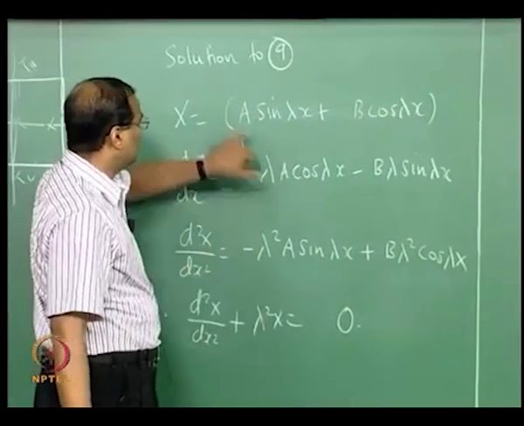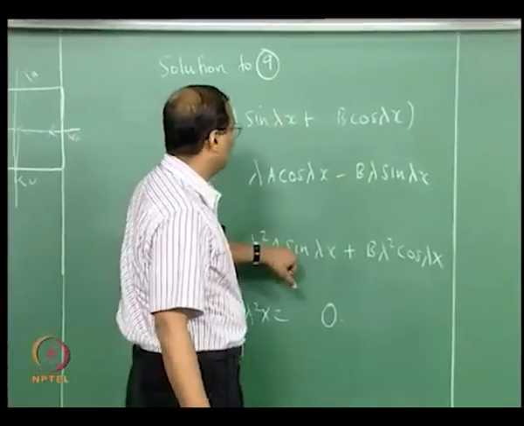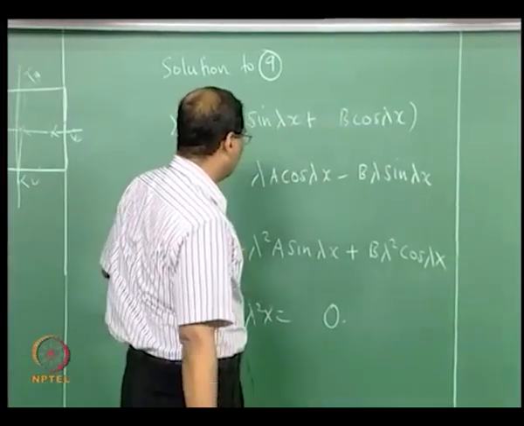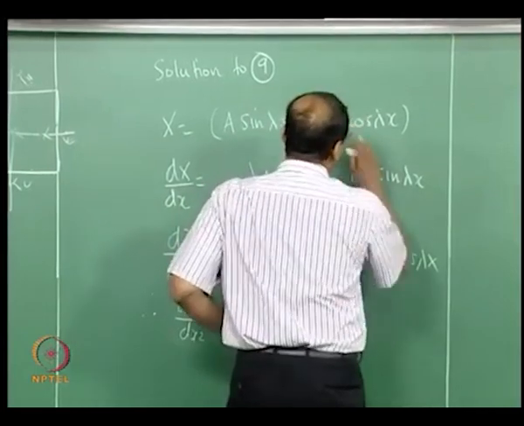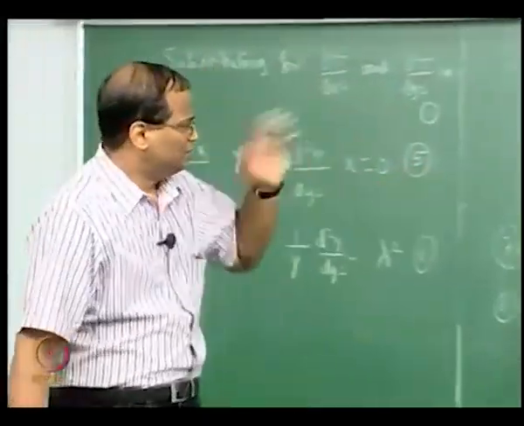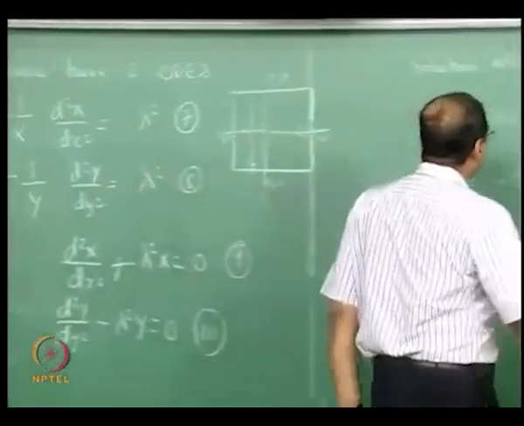If you multiply it by lambda square, you get a lambda square sin lambda x, here minus a lambda square sin lambda x, and b lambda square cos lambda x, where here it is minus. So, here you get plus b lambda squared cos lambda x, here you get minus b lambda squared cos lambda x. Therefore, that is correct. So, X equal to a sin lambda x plus b cos lambda x is indeed the solution to this ODE. So, we will keep that as equation 11.